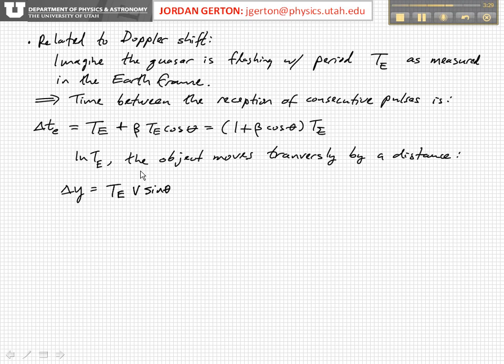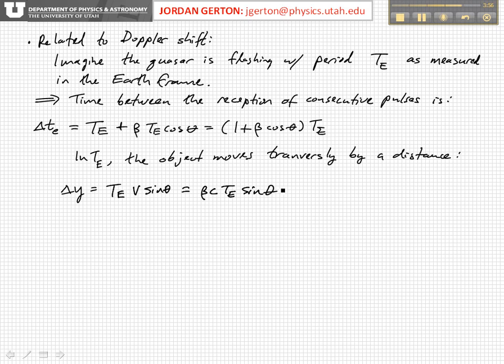Okay, now, in the time between flashes, as measured in the Earth frame, in T_E, the object moves transversely, in addition to radially. It moves transversely by distance delta y, equal to that time times the y component of the velocity, v sine theta. Okay, and this can be rewritten as beta c times T_E sine theta.